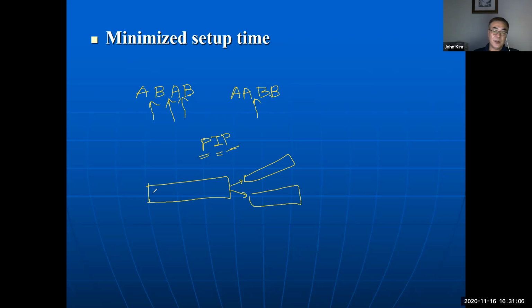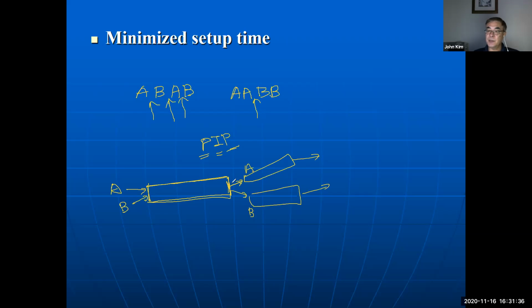If they can find a similar common process for type A and type B, then a common process uses the same process, and after the common process it goes to type A, type B, like this.